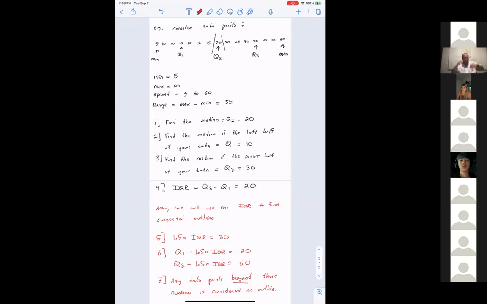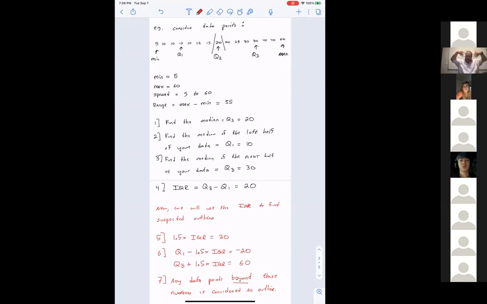Professor, can you explain again where you got the 1.5 from? That's what statisticians use; people a lot smarter than me figured that one out. They use the 1.5 times the IQR rule. But it's not like God said, let you multiply the IQR by 1.5.